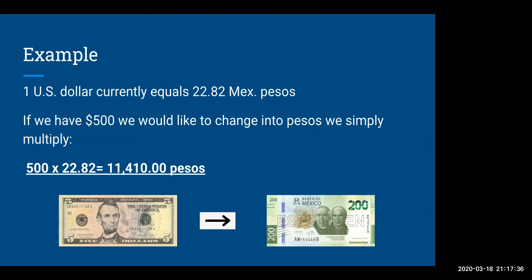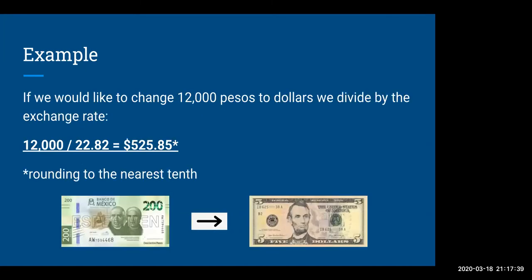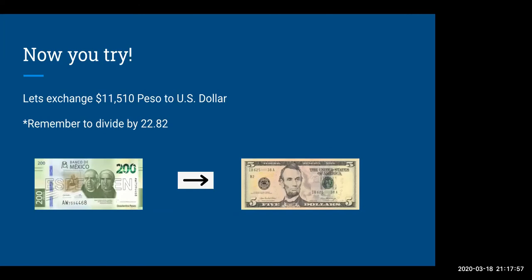Then when you're coming back, you just divide. Say you have 12,000 pesos, you divide by that exchange rate again. You always want to round to the nearest tenth, and that's going to get $525.85. And then we do have some examples for everyone else to do.